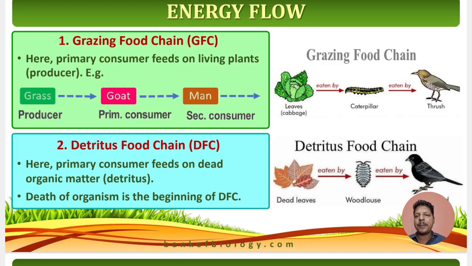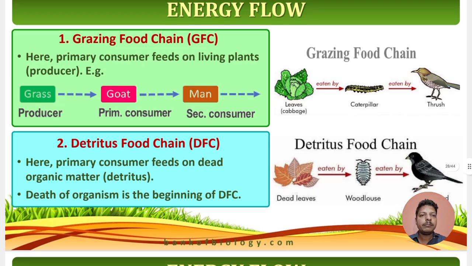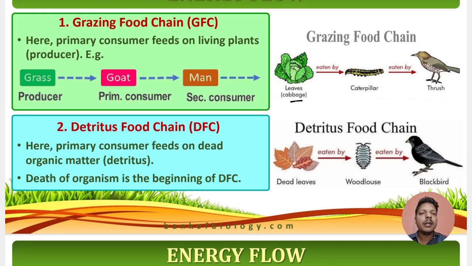Example, grass, primary consumer, man is the secondary consumer. Coming to the detritus food chain, here the primary consumer feeds on dead organic matter. That is, the death of an organism is the beginning of the detritus food chain. Here you can see leaves of cabbage eaten by caterpillar and caterpillar eaten by the thrush. Detritus food chain: dead leaves eaten by woodlouse and then eaten by blackbird.